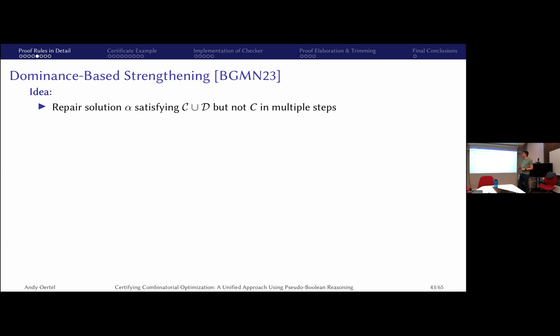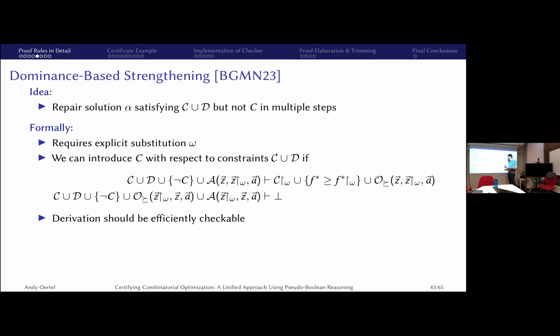And then for dominance-based strengthening, we are allowed to use multiple steps to patch up or repair the solution. It looks very similar: we are required to give a substitution explicitly. This time we can introduce a constraint if these conditions are satisfied.